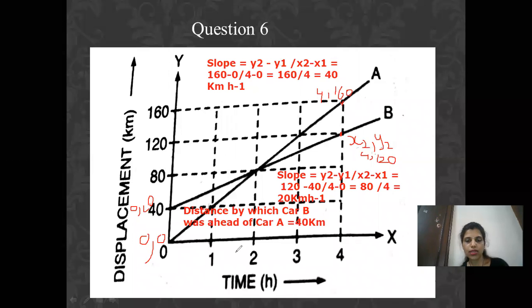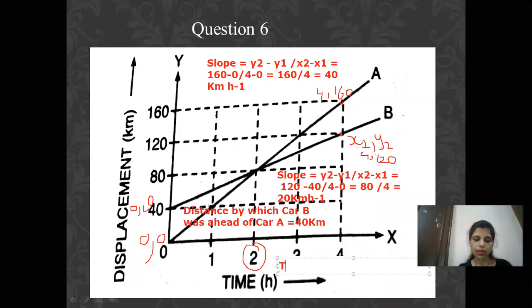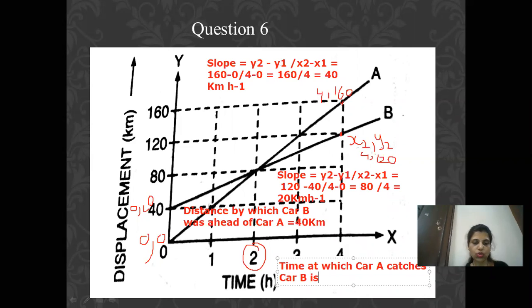So here you can see that I'm marking it over here, 2 hours, and I'll be writing that the time at which car A catches car B is 2 hours.